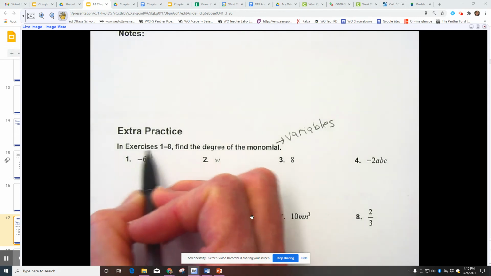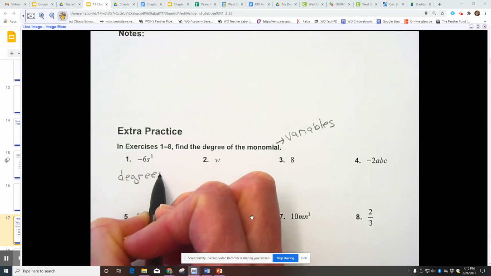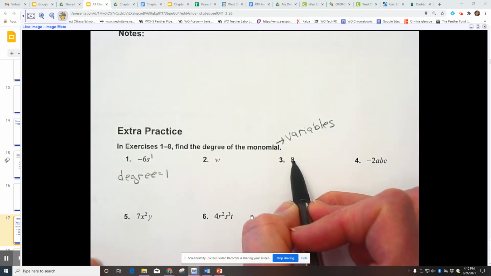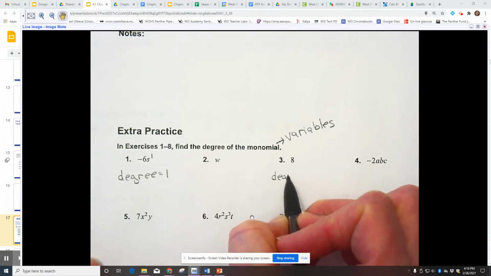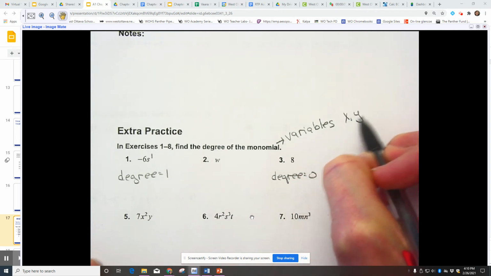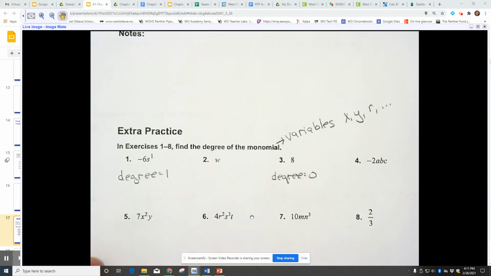So the degree of this monomial is going to be 1, because that's the sum of all the exponents. This one, number 3, doesn't have any variables, so the degree is going to be 0. Remember, we're only looking at variables, x, y, r, etc., when we're determining the degree.